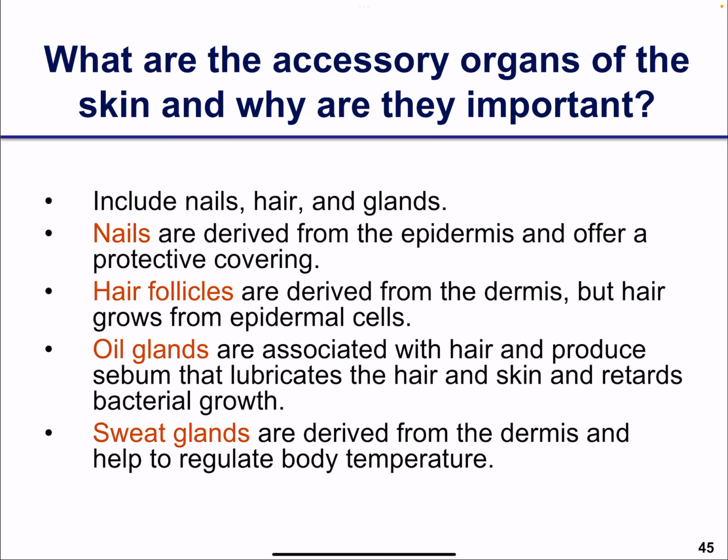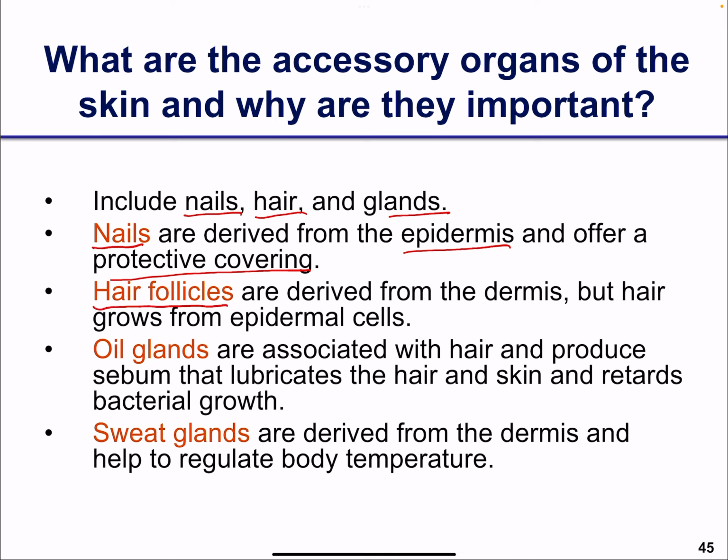Finally, we do have the accessory organs of the integumentary system. Now, we're going to have as accessory organs the nails, the hair, and the glands. The nails are going to be some extension of the epidermis. Okay, they are also going to offer protection to your fingers, right, and your toes.